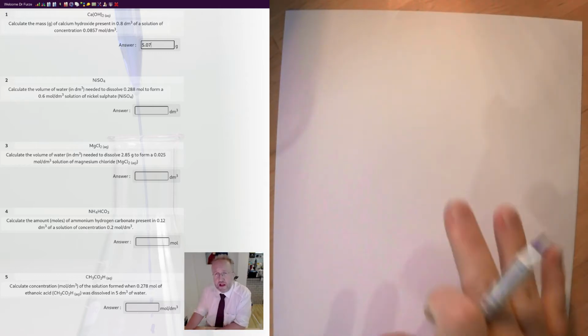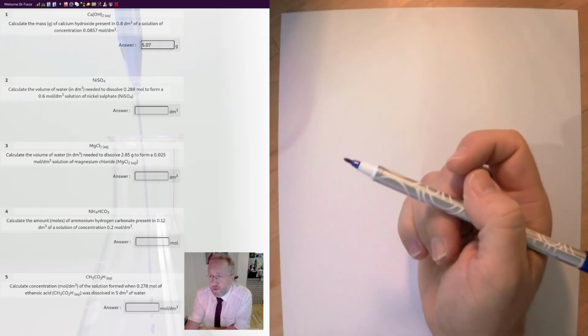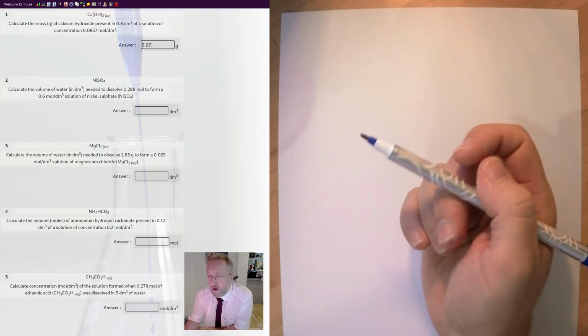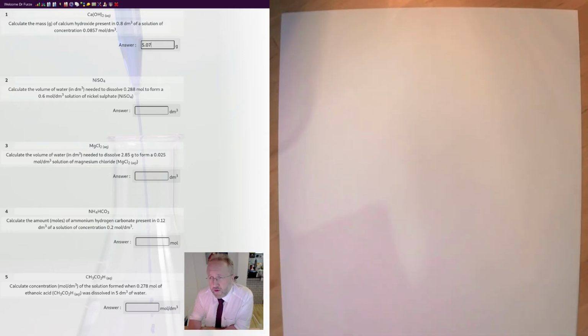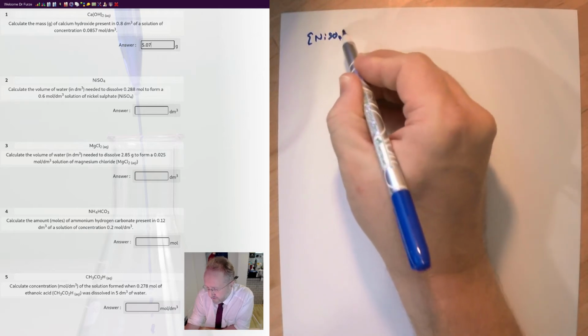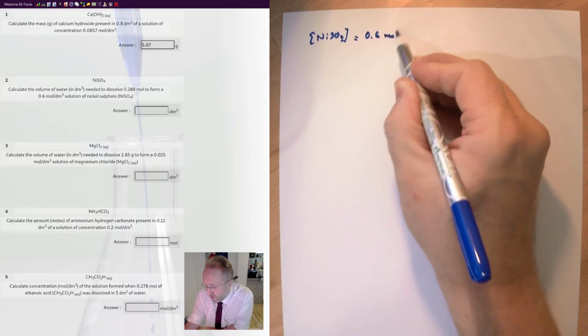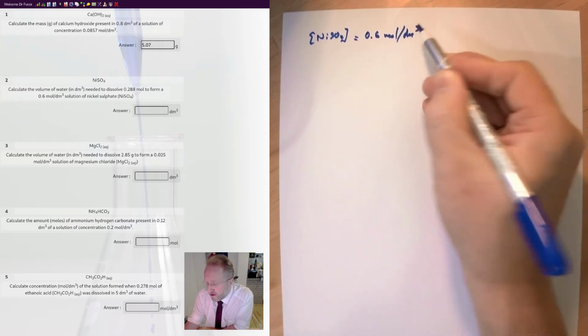Question 2, calculate the volume of water needed to dissolve 0.288 moles to form a 0.6 moles per decimeter cubed solution. So the concentration of nickel sulfate is equal to 0.6 moles per decimeter cubed.